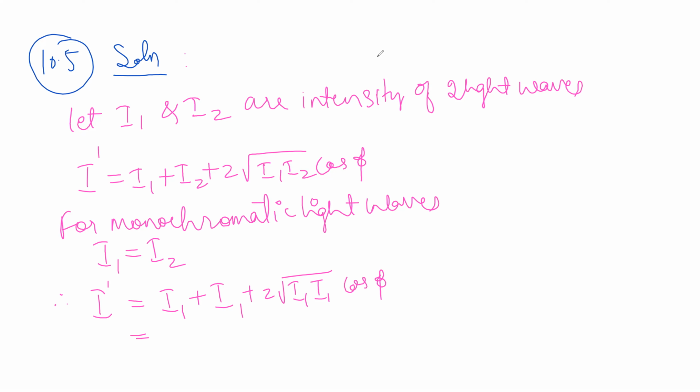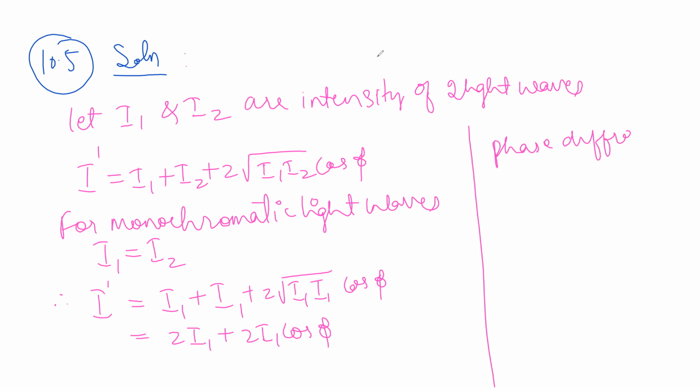So if you take I1 plus I2, 2 times of I1 plus 2 into I1 into cos phi, and we know the formula, that is phase difference is given by 2 pi by lambda into path difference.